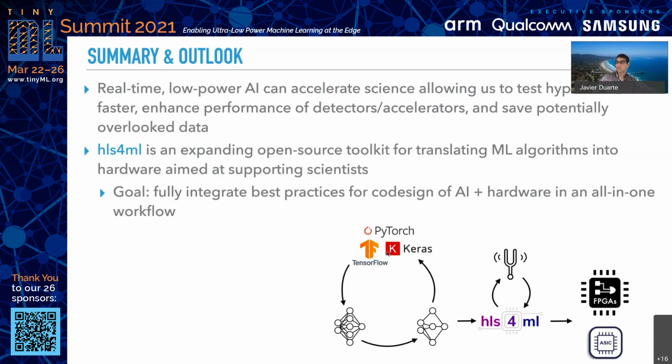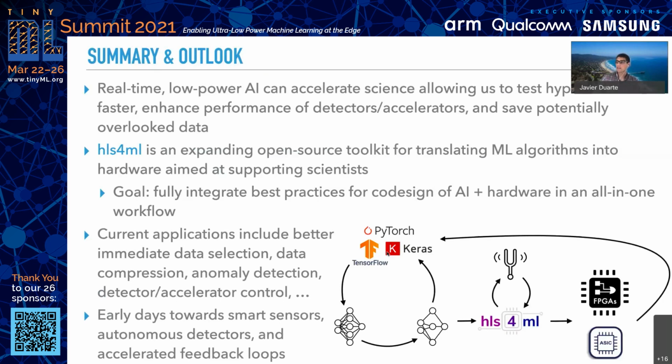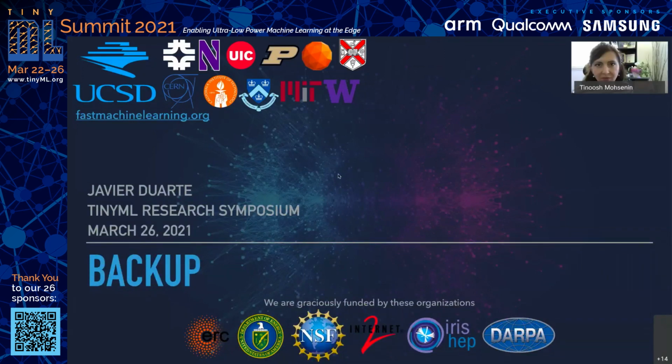And the ultimate goal is to fully integrate all the best practices for co-design and AI plus hardware in this nice all-in-one workflow. I talked about the current applications in the talk, and ultimately we're hoping to go towards smart sensors, autonomous detectors, and accelerated loops for our experiments. So thank you.